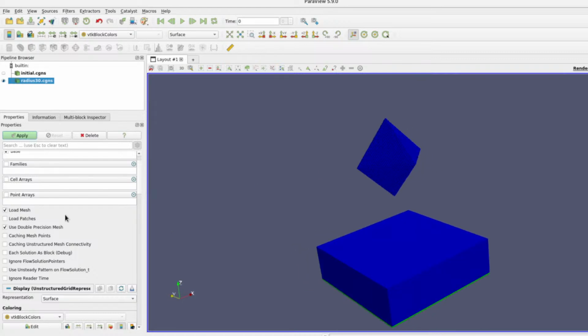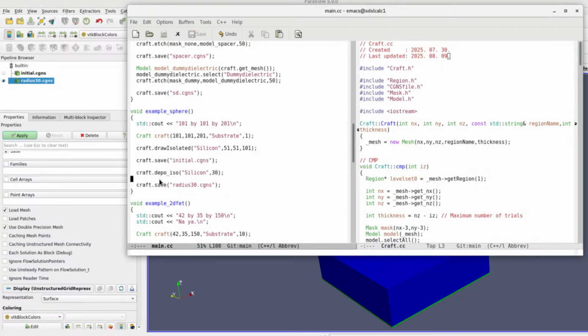So what we can say is the current implementation of our depot underscore ISO is far from the realistic isotropic deposition. That's the problem, because in order to make a source and drain epitaxy, we must control the directional growth rate.